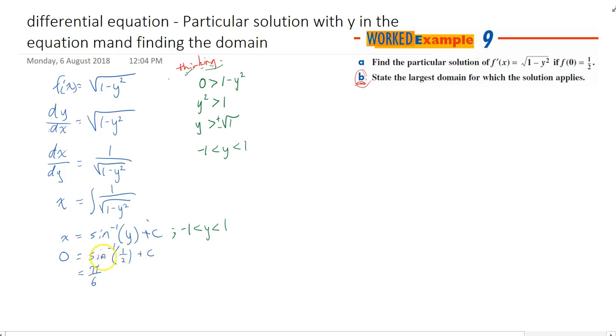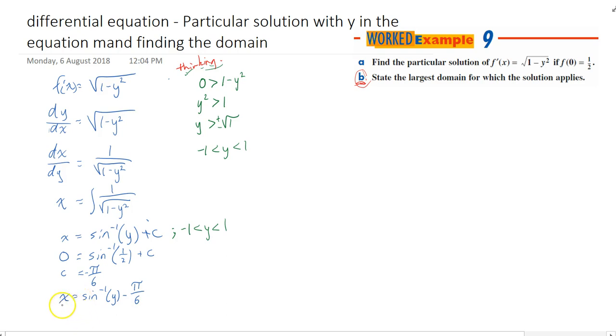Just try to think of your unit circle here. The 0's there. I can move C over. That would make negative C, but for the interest of saving time here, C is equal to negative pi on 6. So I can now say that x is equal to inverse sine y minus pi on 6.